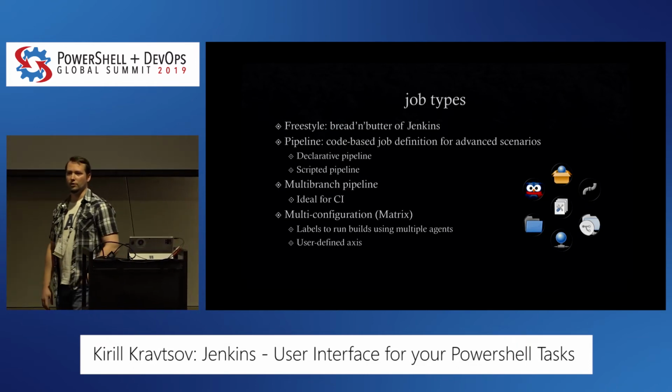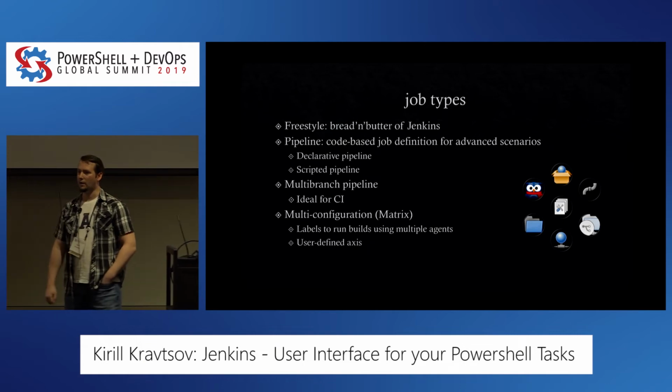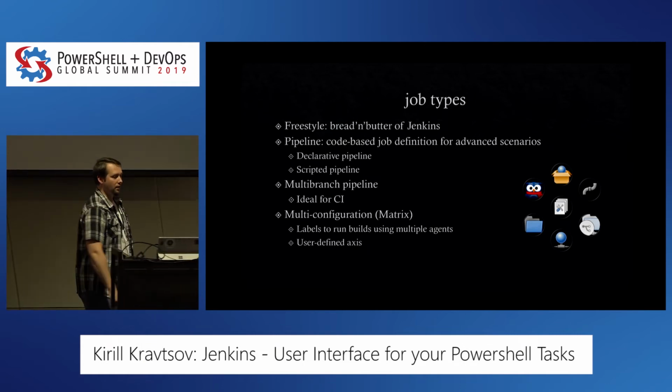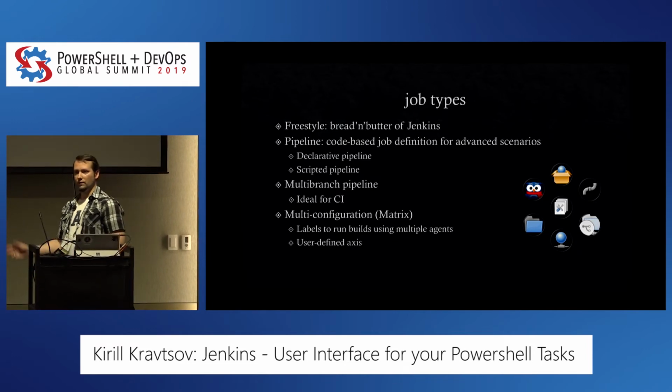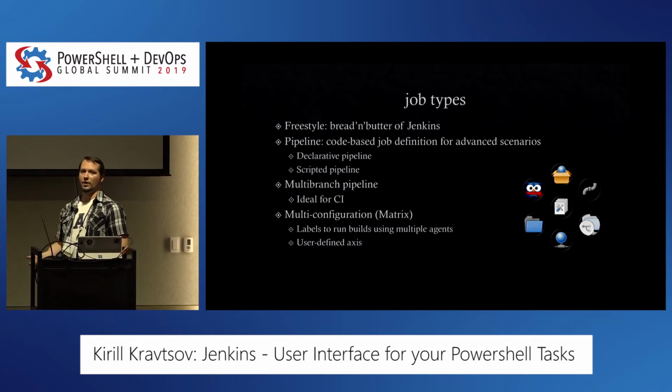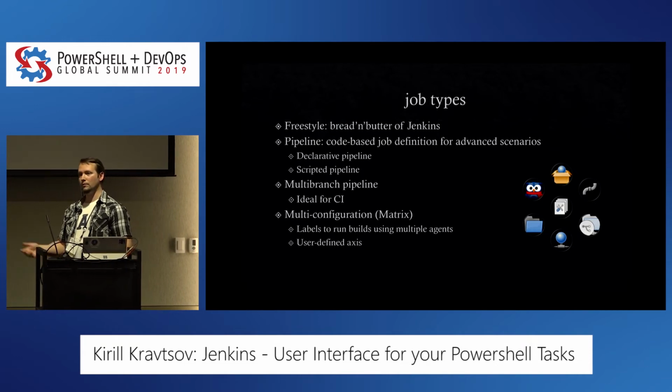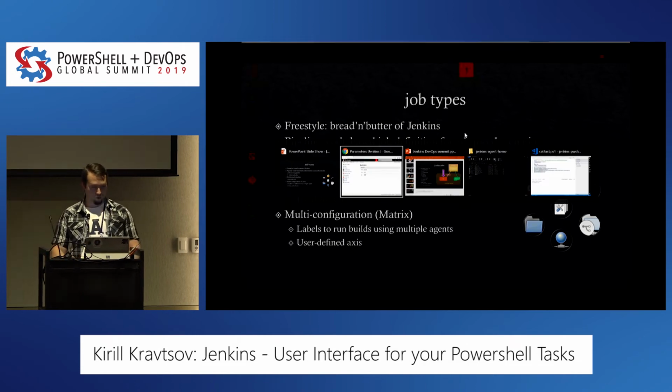You didn't write it properly or something. Now your production hasn't been backed up. How about that? So that's one of the things where the multi-configuration job will help you. So you can define different runtime parameters, and it will spawn several jobs at once for you to run with those parameters. And let's actually see how it works.